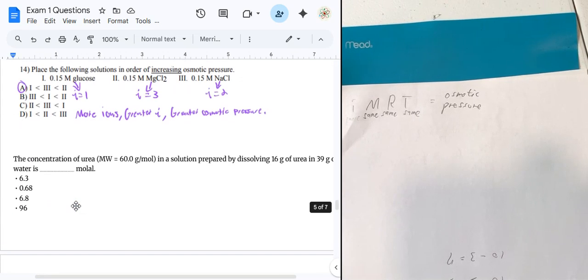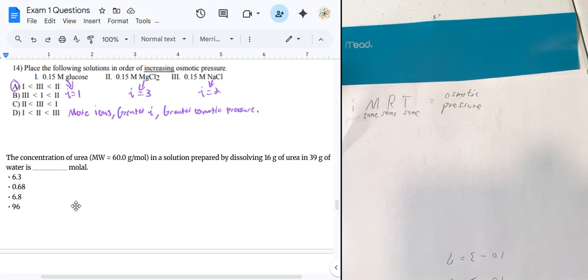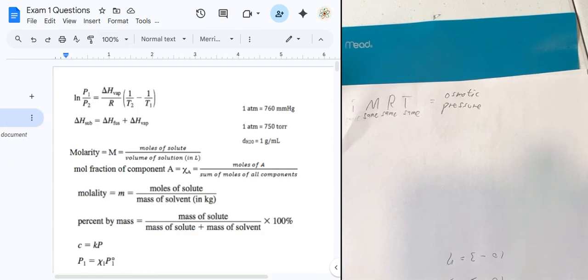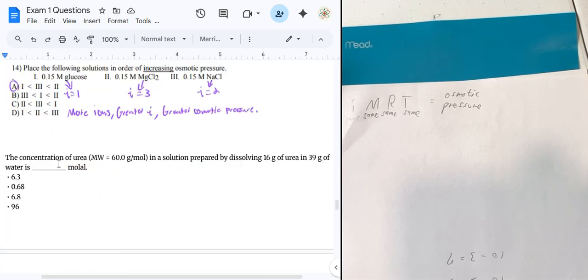Last two questions. I didn't go over it in the video, but we can figure it out just by looking at the equation sheet. So this question, the concentration, we're trying to find molality, because by looking at the units, we know we're trying to find molality.